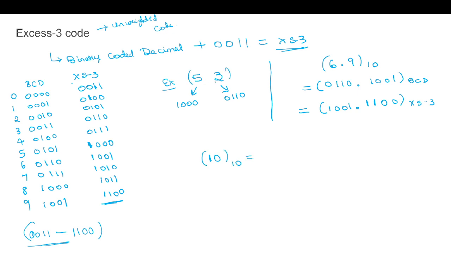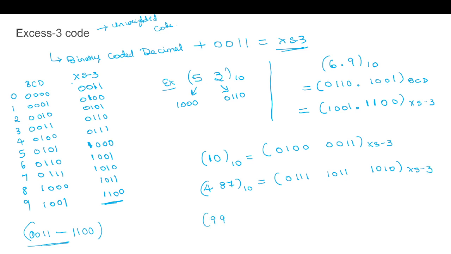If we want to convert some more codes, say 10 in decimal, its XS3 equivalent will be 1 becomes 4 and 0 becomes 3. For example, 487 from decimal to XS3: 4 plus 3 is 7, 8 plus 3, and 7 plus 3 will be excess 3.